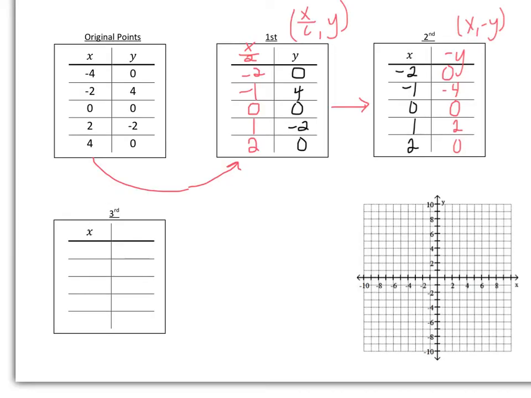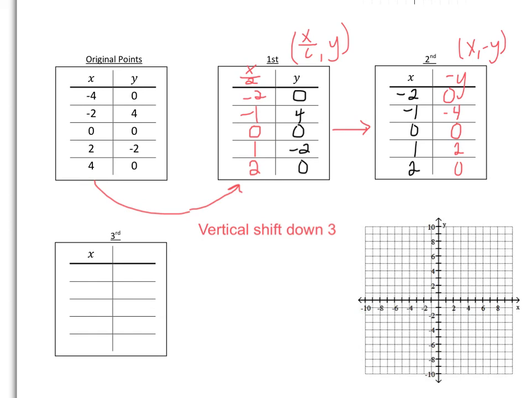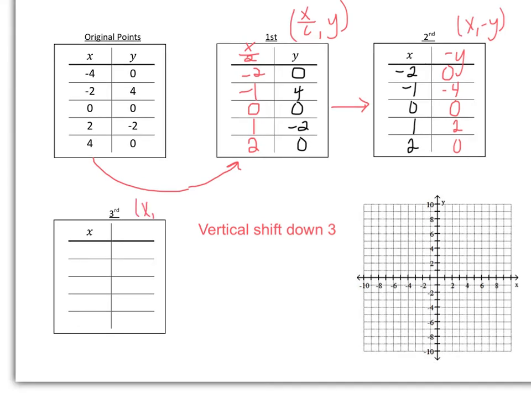Finally, we have our third transformation, which was our vertical shift down 3 spaces. So again, looking back at our chart, our ordered pair for vertical shift down would be x and y minus c. So in our case, the c was 3.